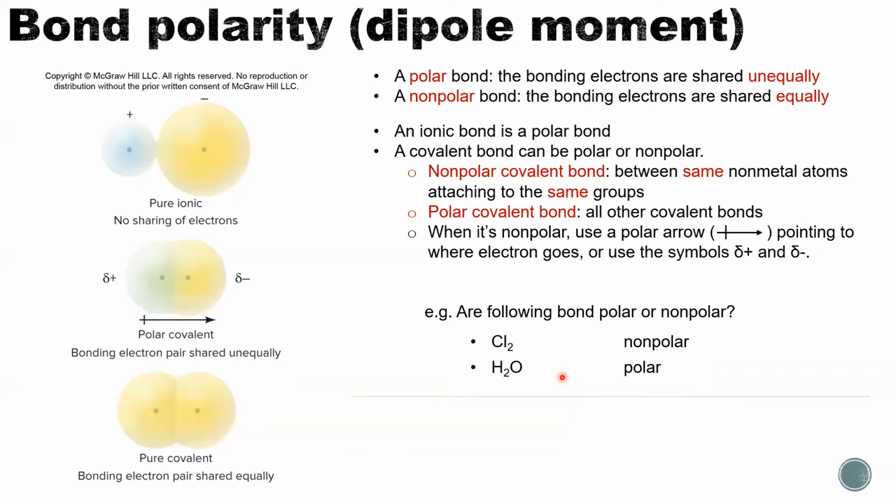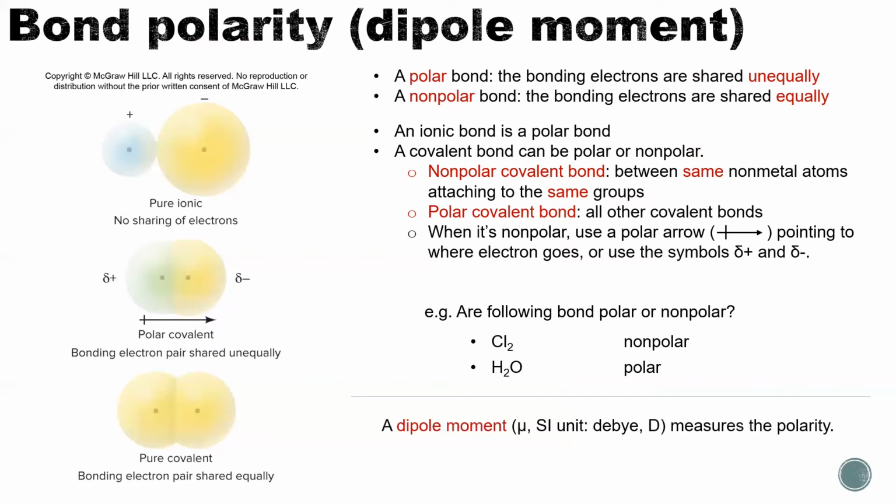A very similar concept to bond polarity is the dipole moment. Bond polarity only tells you whether the bonding electrons are distributed equally or unequally, while the dipole moment uses a value to accurately describe how polar a bond is.